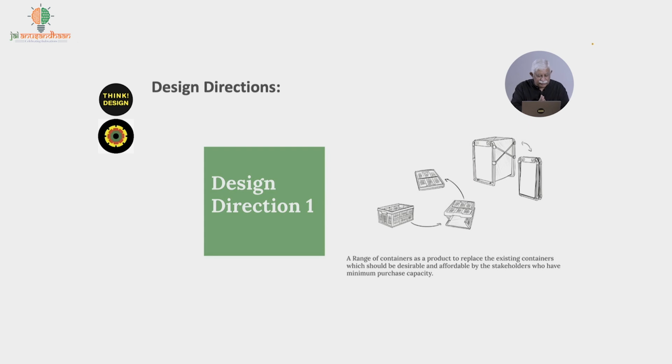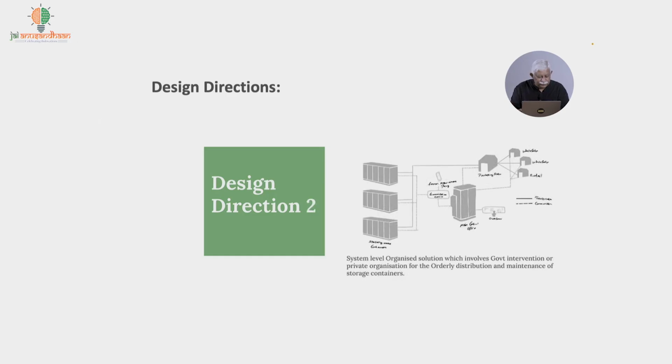Direction 1, you make it out of containers to replace the existing ones, and they should be adaptable and also stackable. You can see it. Design direction 2, a system level organized solution, which involves the government to intervene, so there is an orderly distribution and making sure that no wastage happens.